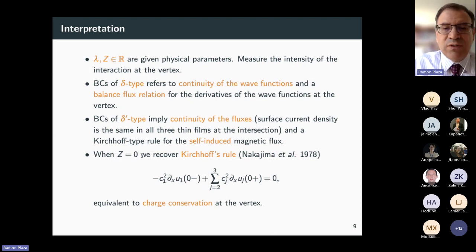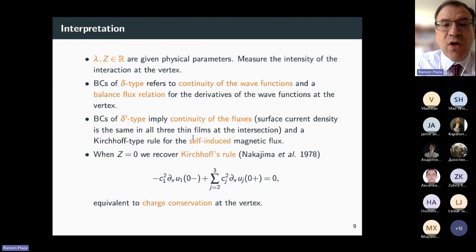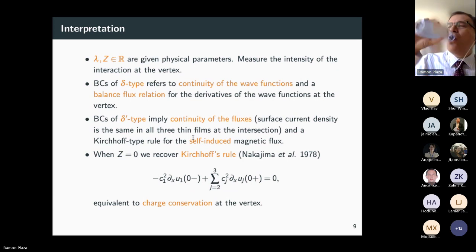When z is equal to 0 in the delta boundary condition, you recover Kirchhoff's rules. And this is actually what is implemented by Nakajima and collaborators in their study. And it's equivalent to charge conservation at the vertex. So when z is different from 0, the charge is not conserved, but it measures the difference of charge at the vertex.